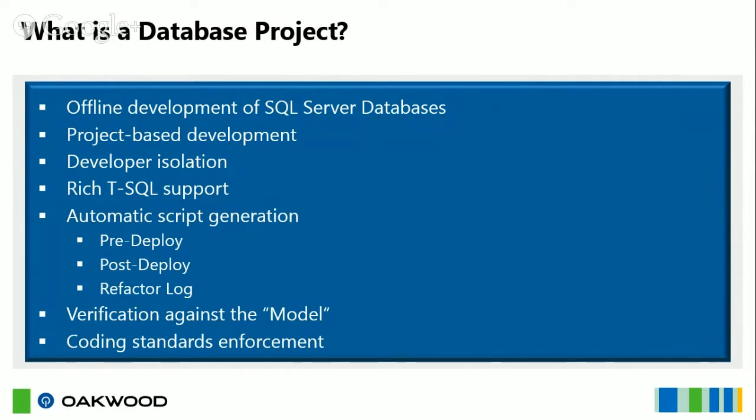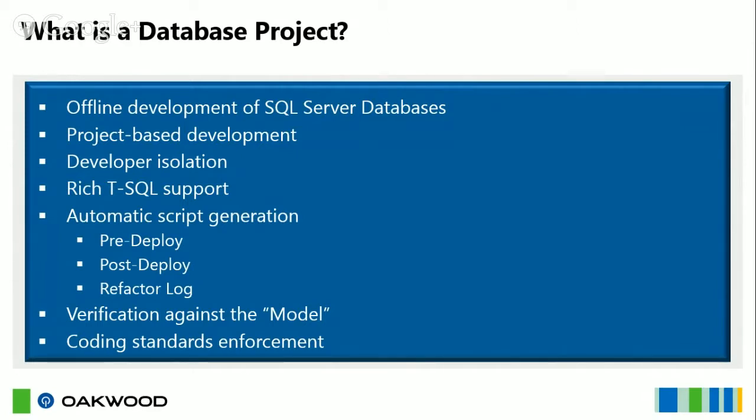Rich T-SQL support is just amazing in database projects. So, for example, IntelliSense in SQL Server Management Studio, it sucks. But you also get features like go-to definition and find all references inside your schema.